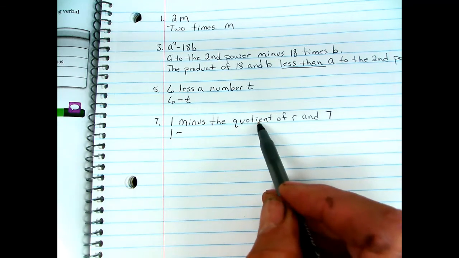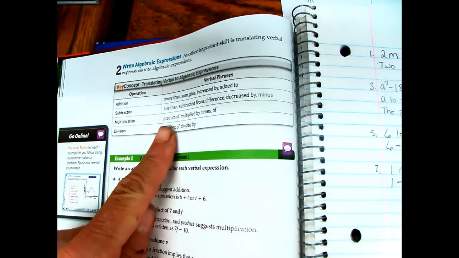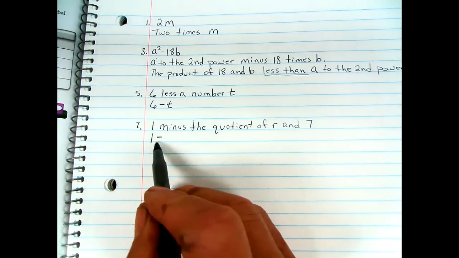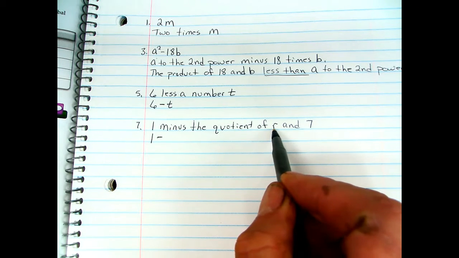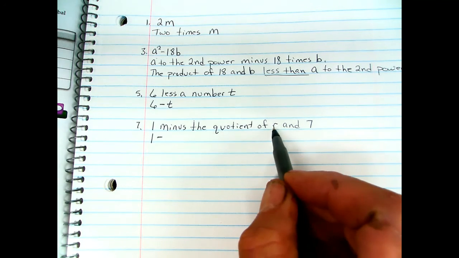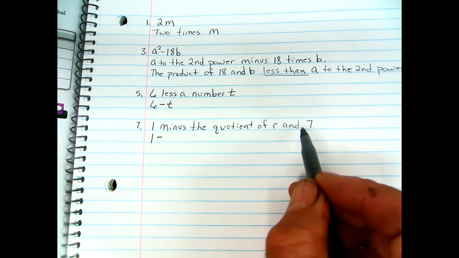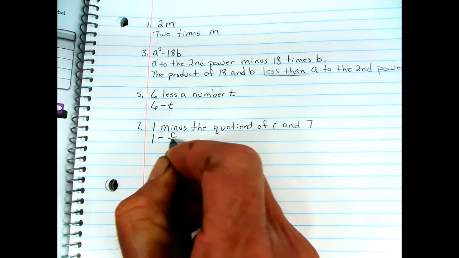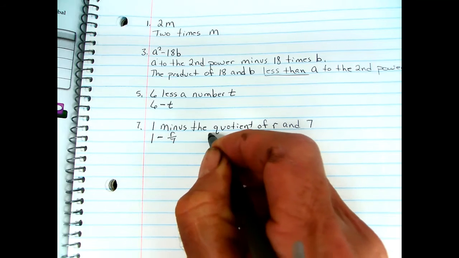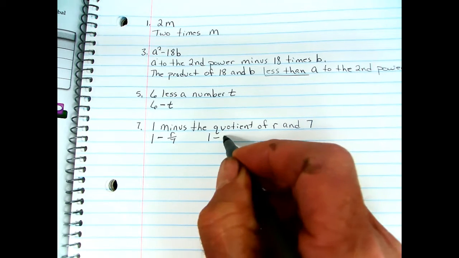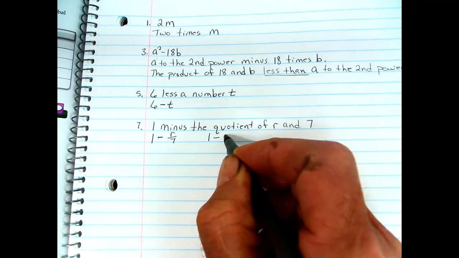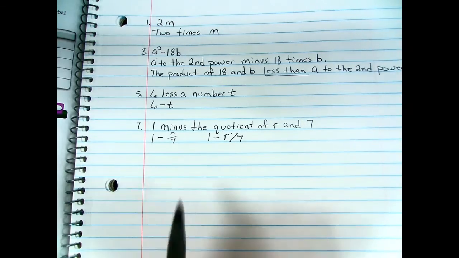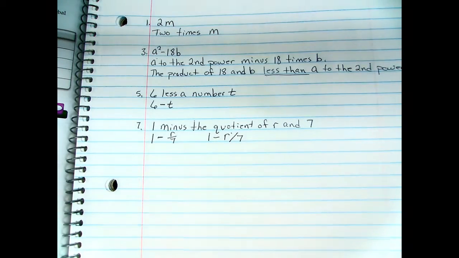It's the quotient, and quotient means division. From 1, we're going to subtract the division of r and 7. Whatever comes first in this phrase goes on top. Whatever comes second goes on bottom. R and 7. We could also write this as 1 minus r divided by 7. Both of those have equivalent meanings.